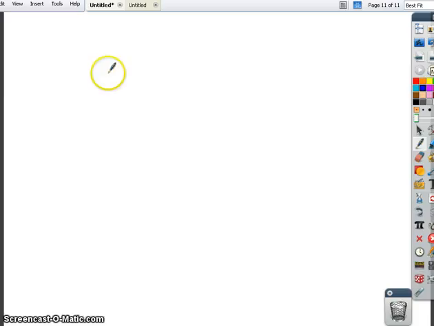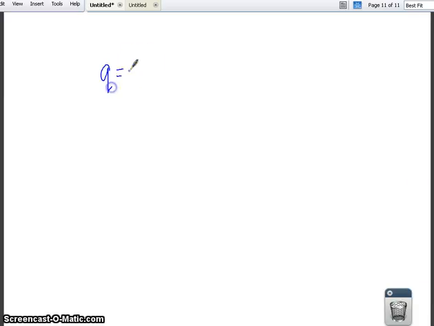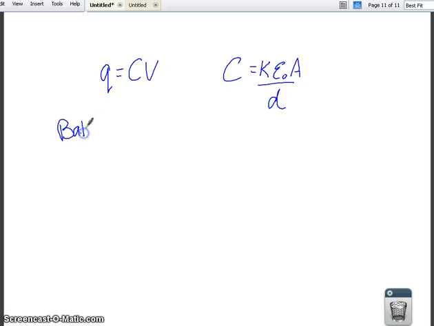Now, I'm going to do one more thing, because another common question is this. We have two equations, right? We have Q equals CV, and then we have capacitance equals K epsilon naught A over D. And there's usually two types of questions. They go along these lines: where a battery is connected, and a battery is disconnected.